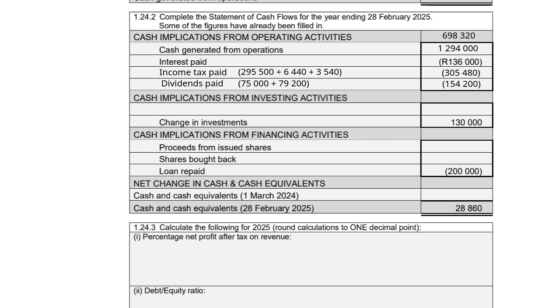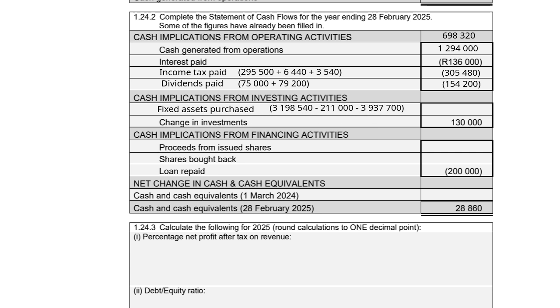Cash implications from investing activities. We are going to start with our fixed assets purchased. Now remember, for your fixed assets purchase, you start with your opening balance, you minus depreciation, you minus any assets that you sold, in this case there wasn't any, and then you minus your closing balance at the end of the year.